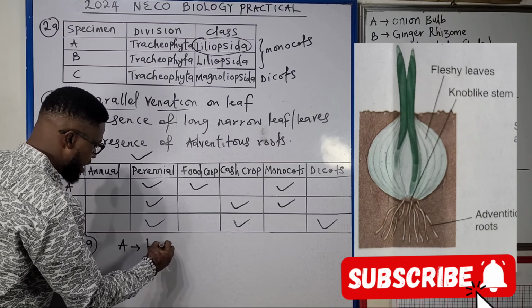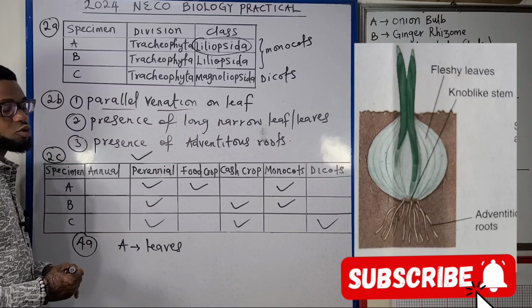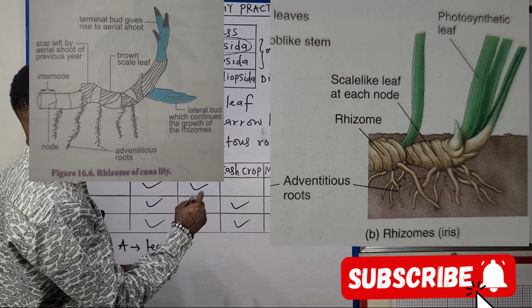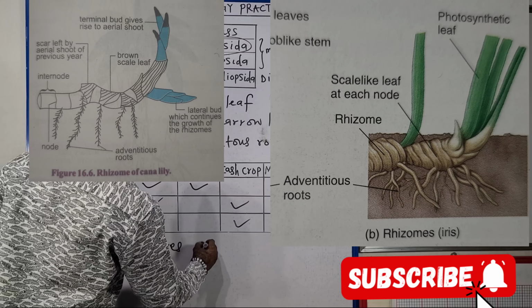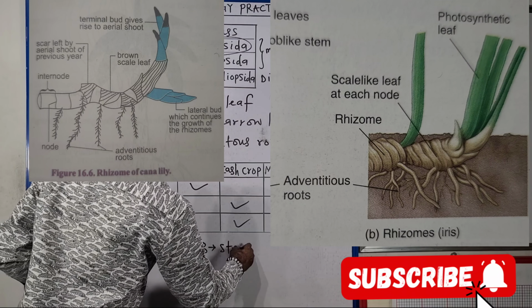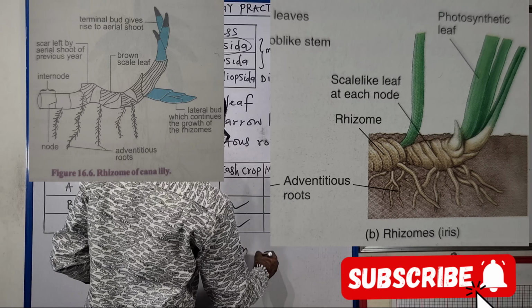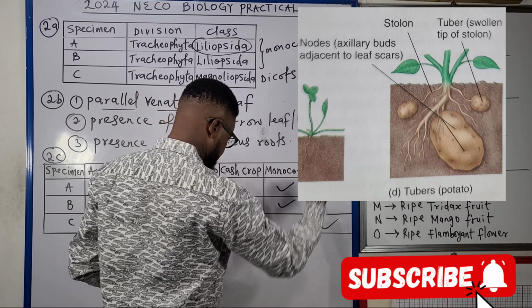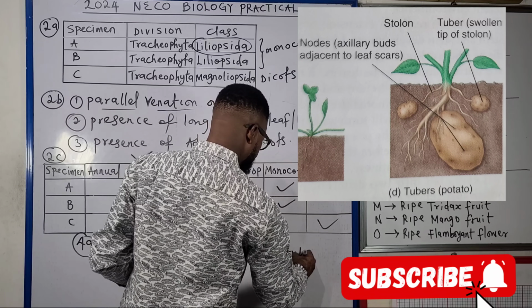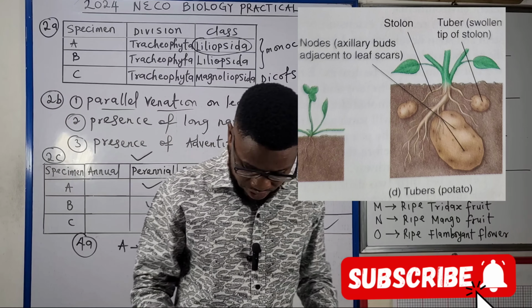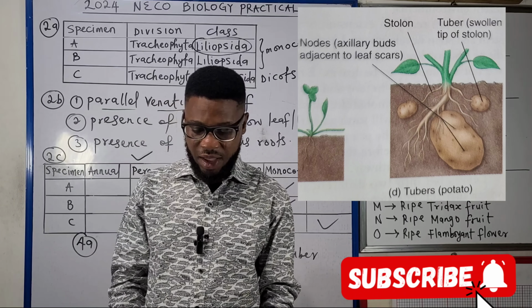As you can see in the diagram on your screen, food is stored in the leaves. And talking about B, food is actually stored in the rhizome. Food is stored on the stem. And for specimen C, food is stored in the tuber. Yes. So these are the storage organs of specimen A, B, and C, and that just about ends that.